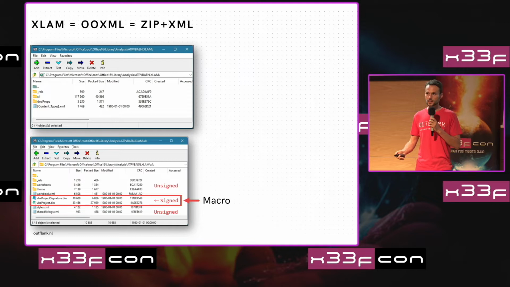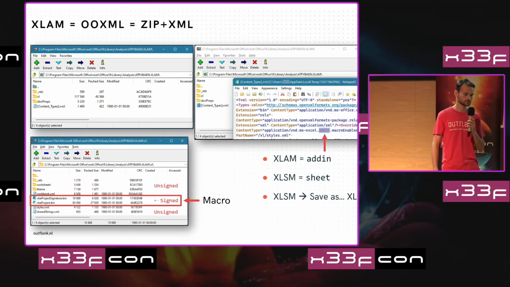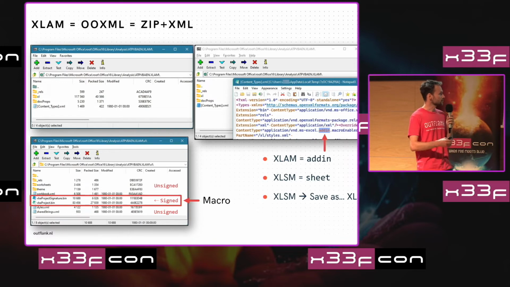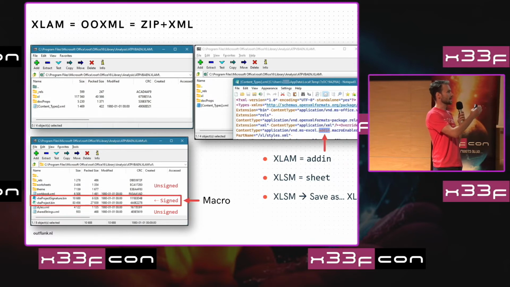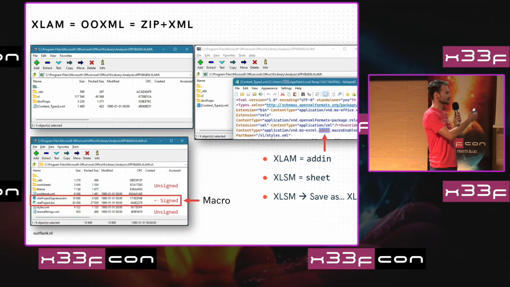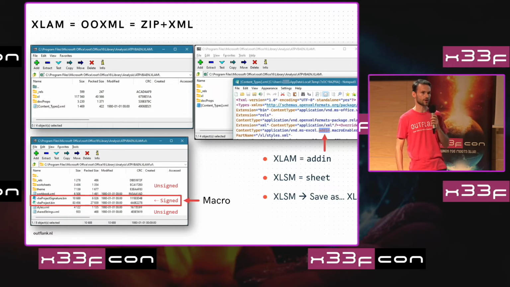When looking at the XLAM file, there was also another thing that was interesting to note. The difference between an XLAM add-in and an XLSM sheet was just one word in one of the XML files.